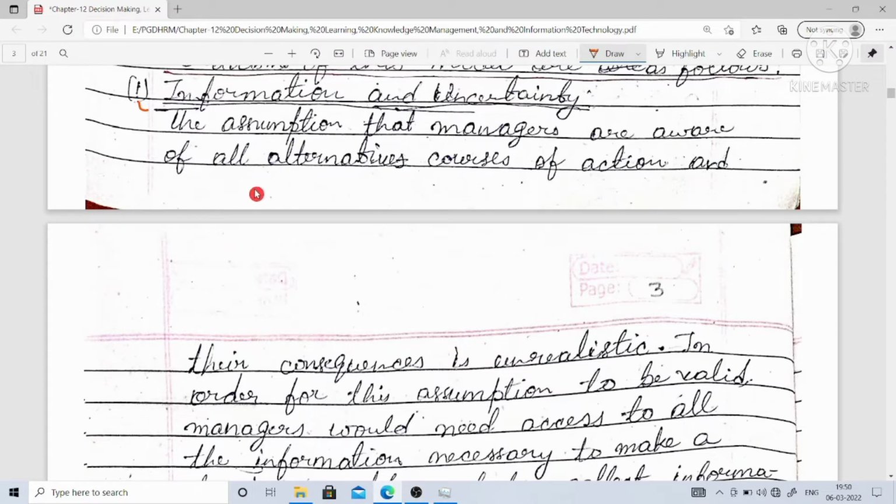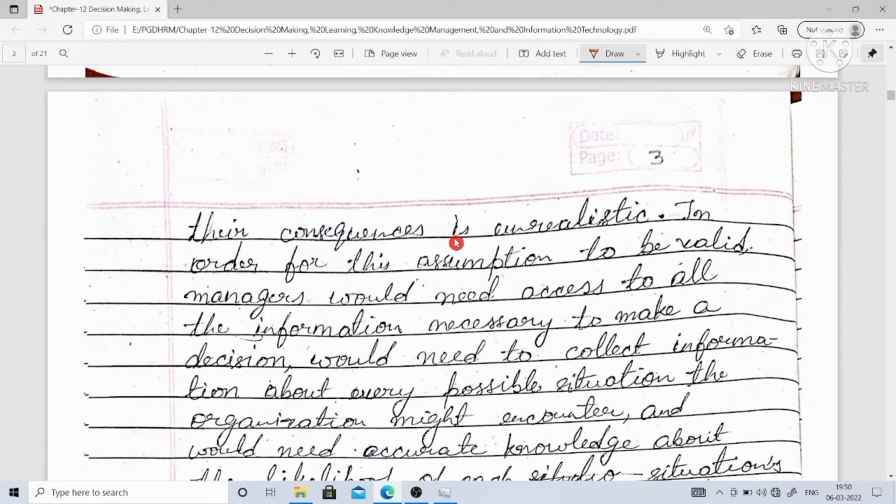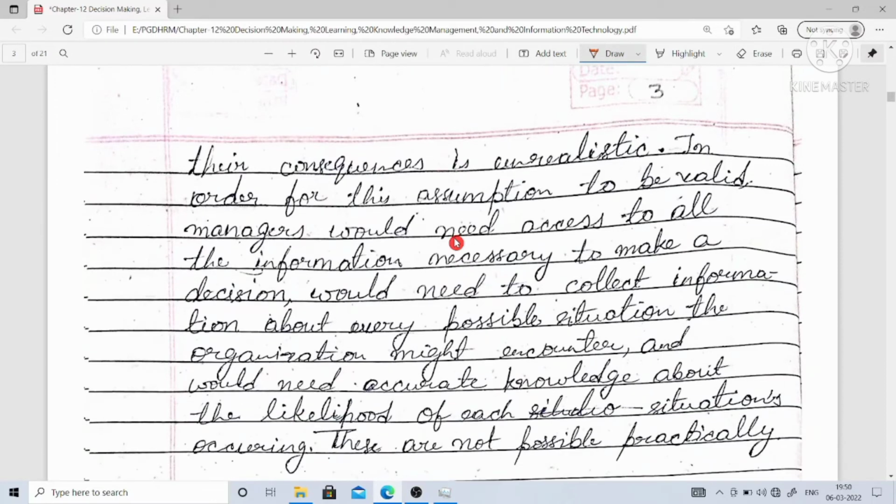If managers are aware of all alternative courses of action, then in that case such things will have to be. This assumption is valid only when managers have all the information necessary to make a decision, but in reality they do not.